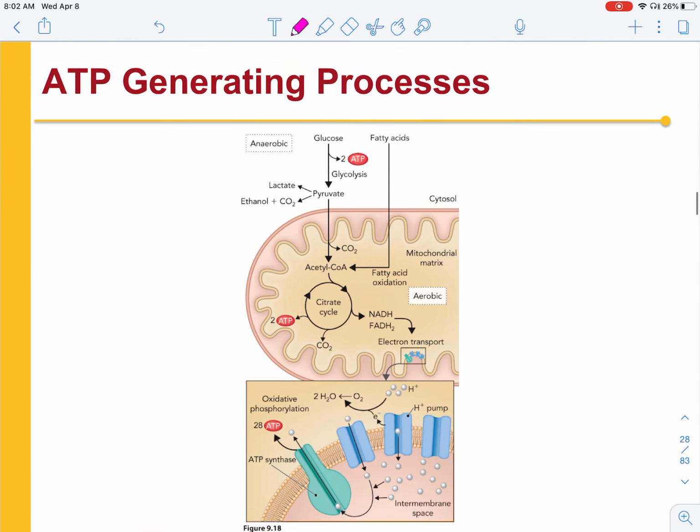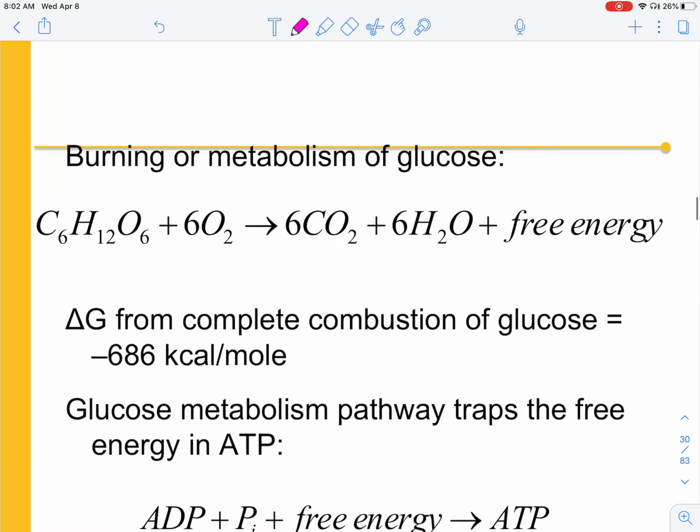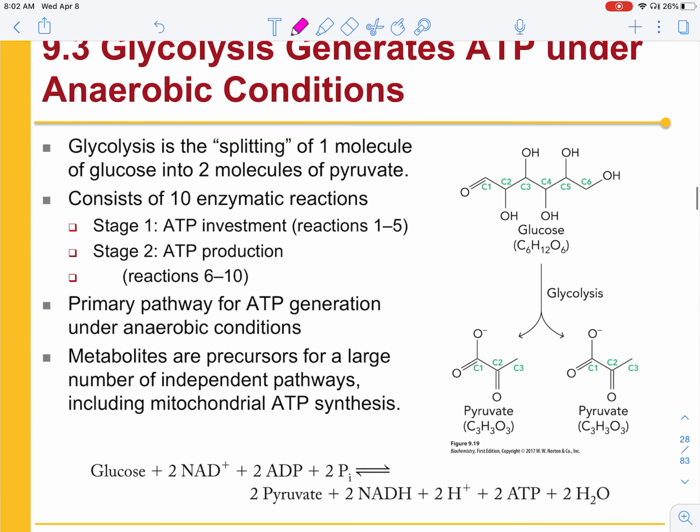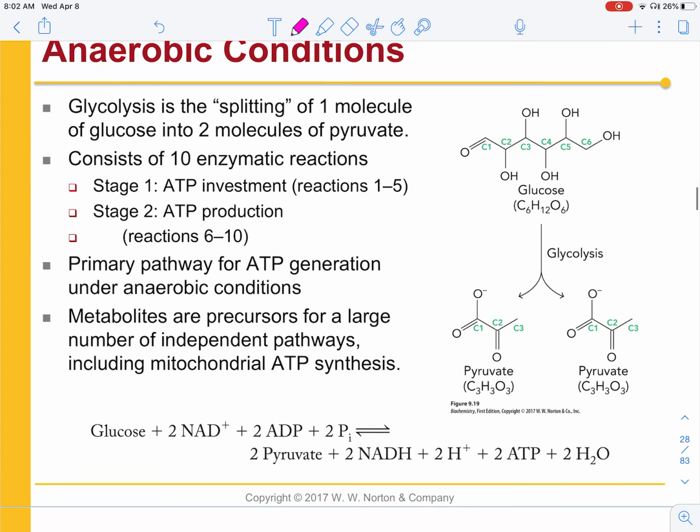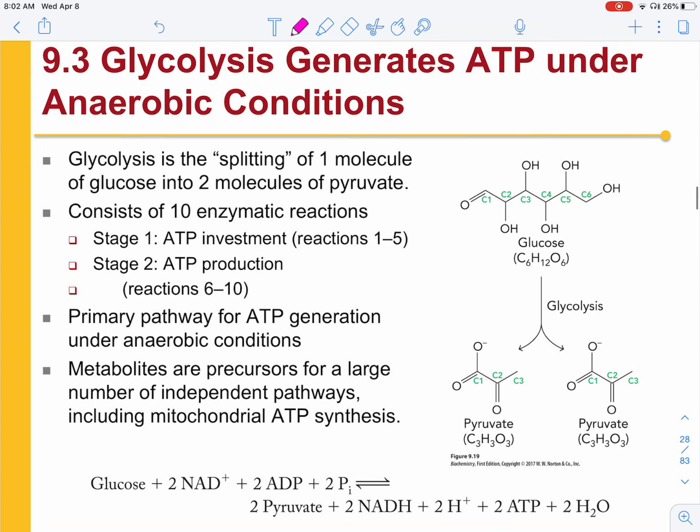Okay, so I think that is enough to get us to look at breaking down the sugar. This is the general process of glycolysis. Obviously, we're going to go into a ridiculous amount of detail, but we're splitting glycolysis. So we are lysing a glucose molecule, taking one 6 carbon structure and turning it into two 3 carbon pyruvates.